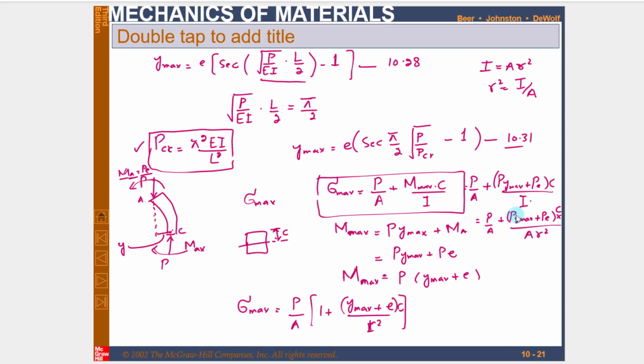Now you can see this will be P Y max over A, this is P over A, and this is P E into C divided by A R square. So if you take P over A as common, it will be equal to 1 plus Y max plus E into C divided by R square. I hope it is clear to you now.